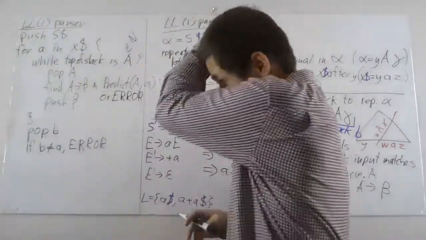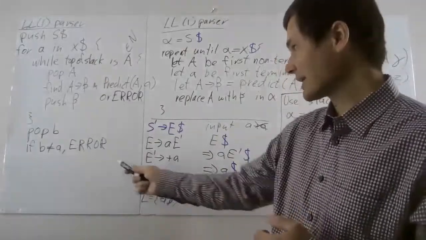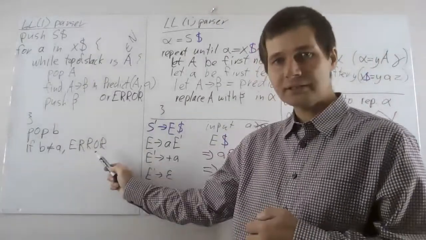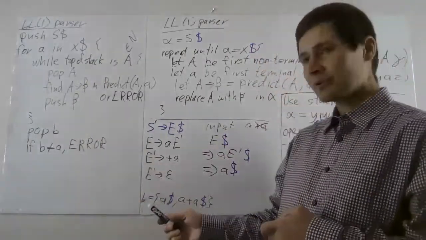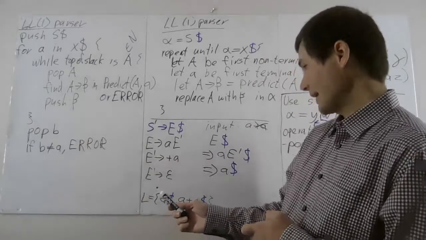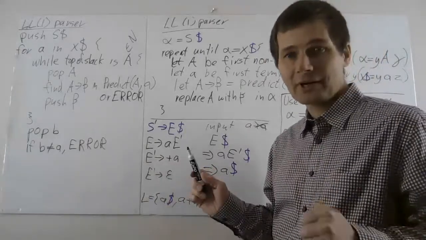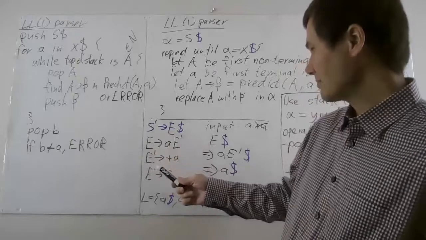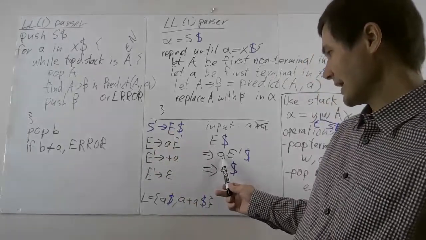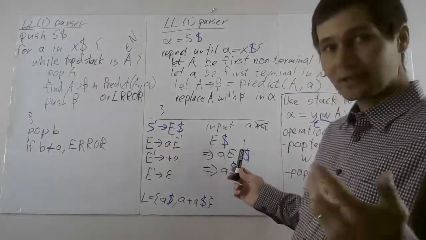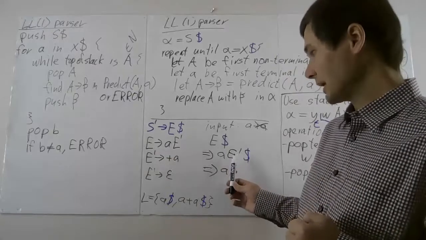I suppose the place where I would get an error down here is if the input was, let's say, A++. So then I would be here. I would see A, and then my next input symbol would be plus.